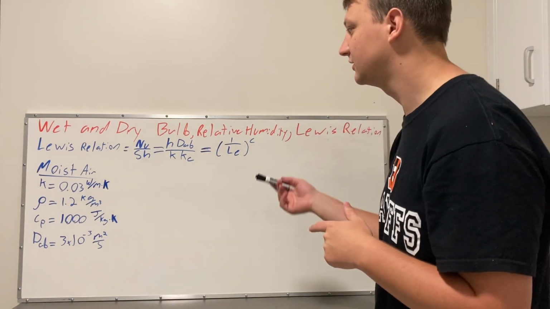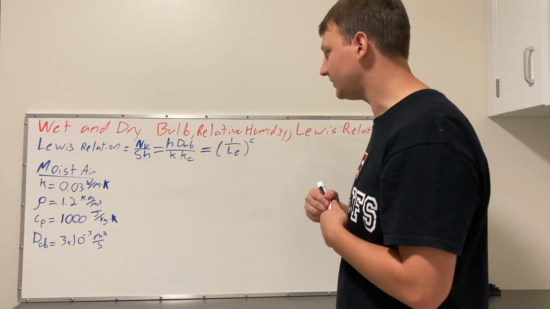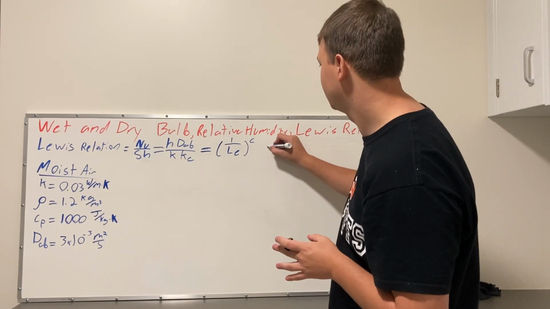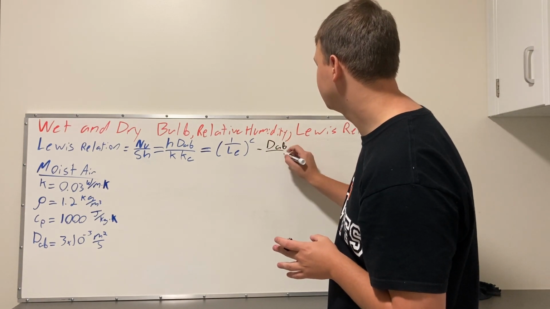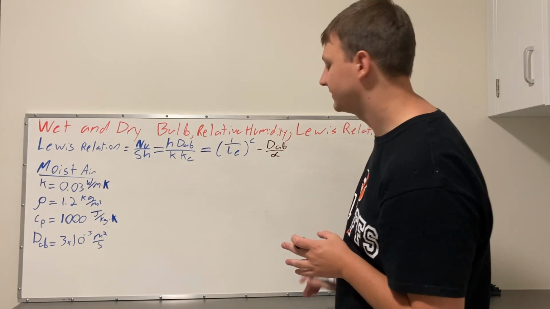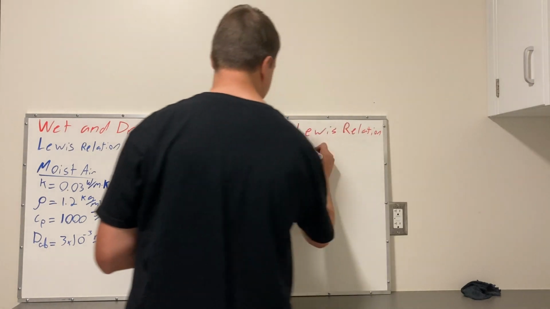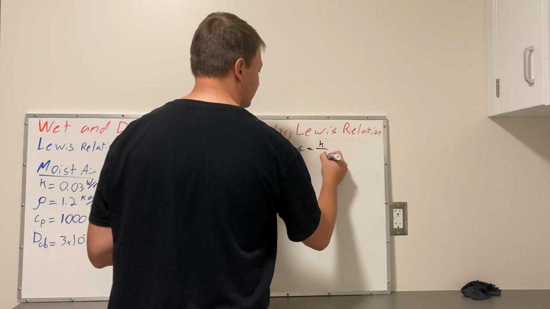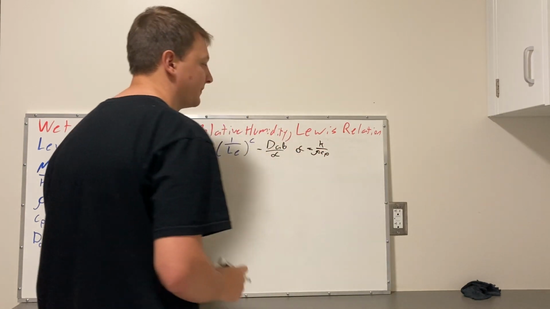So we're going to look at the Lewis relationship we developed last time. I'm going to break it back down into its components: the mass diffusivity over the thermal diffusivity. The thermal diffusivity is the conductivity over the density times heat capacity.